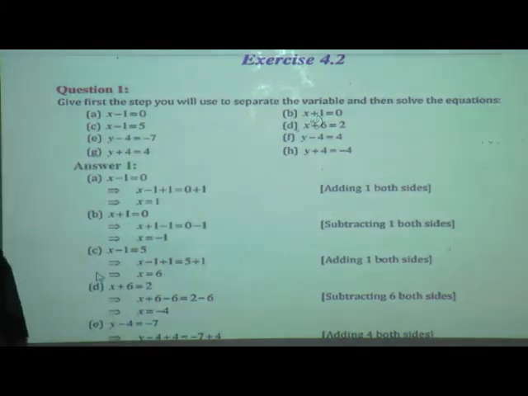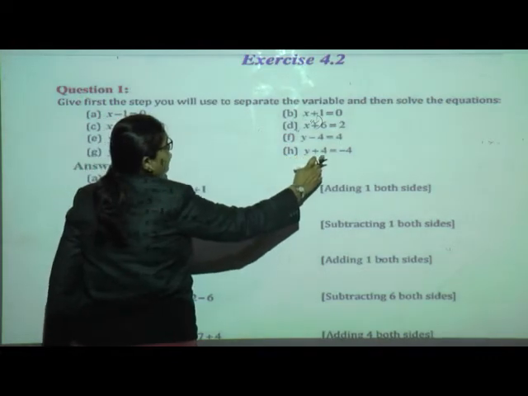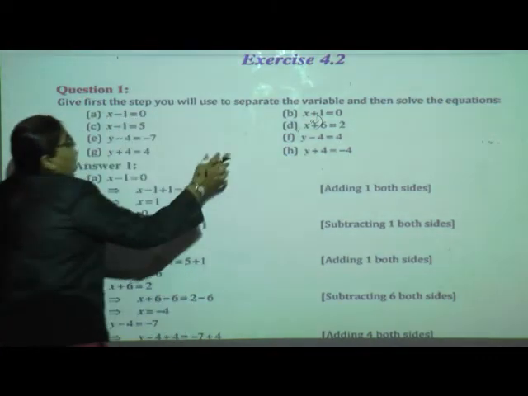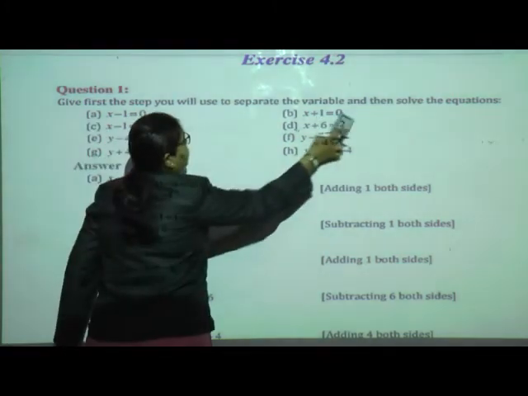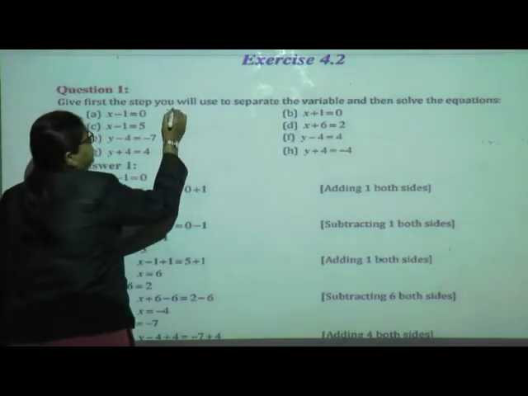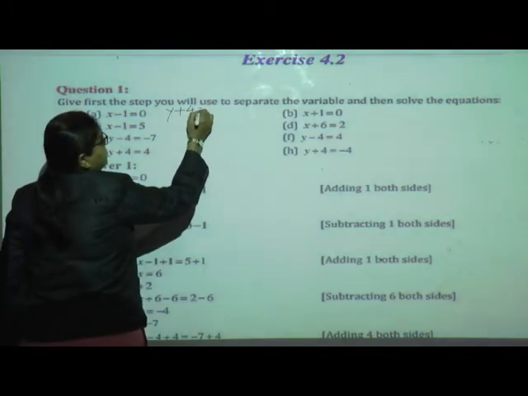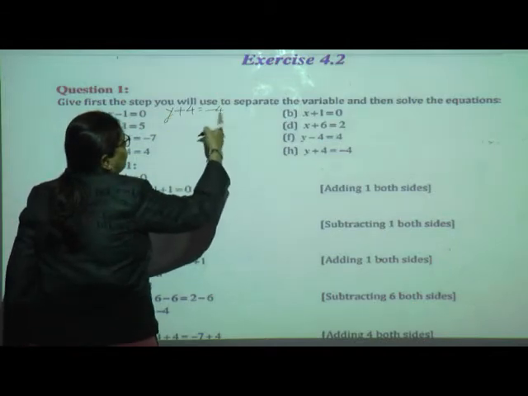One more example we will go through. Here we have y plus 4 is equal to minus 4. Why am I taking different examples? So that you will not get confused while solving very similar examples. So y plus 4 is equal to minus 4.